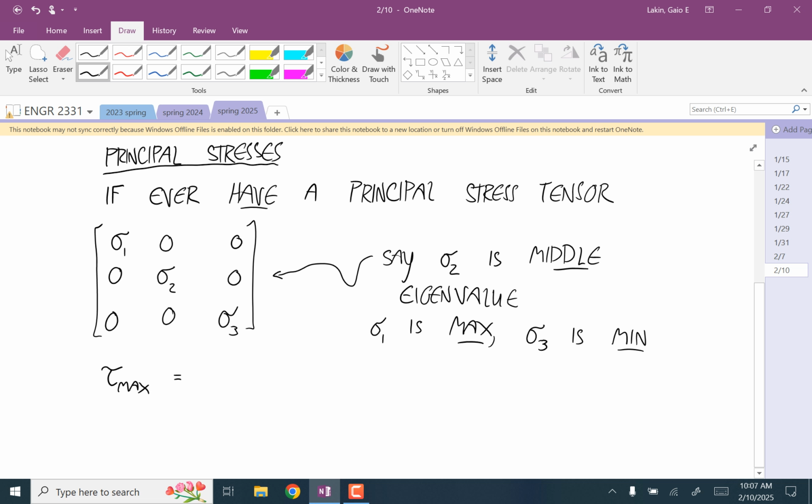So the maximum shear stress is going to be the max minus the min divided by 2. And usually that's all you want, just the value of that shear stress.